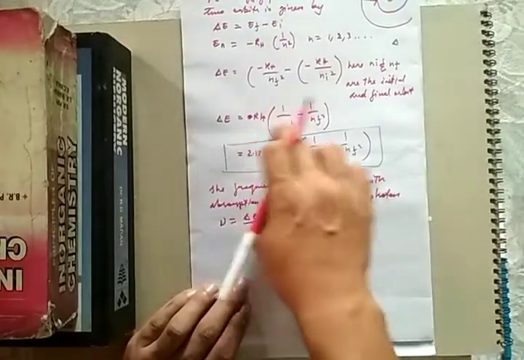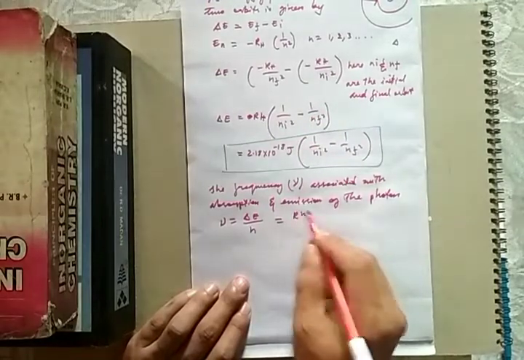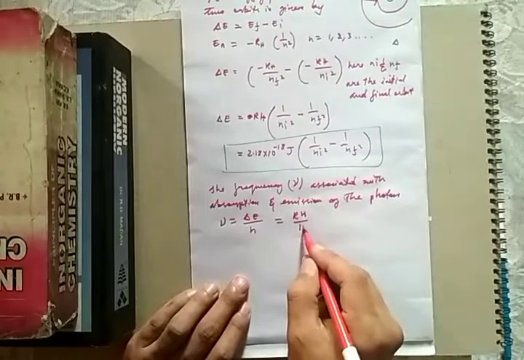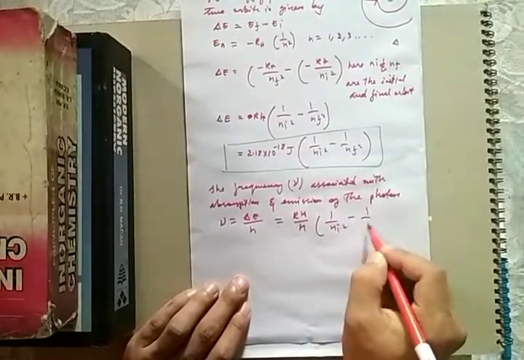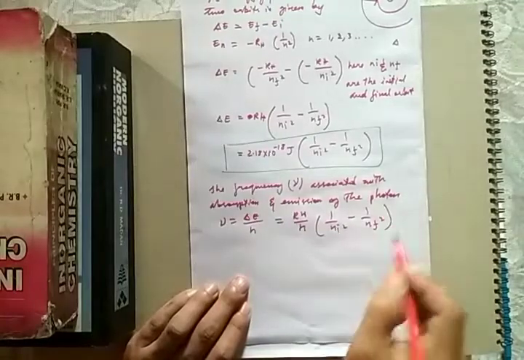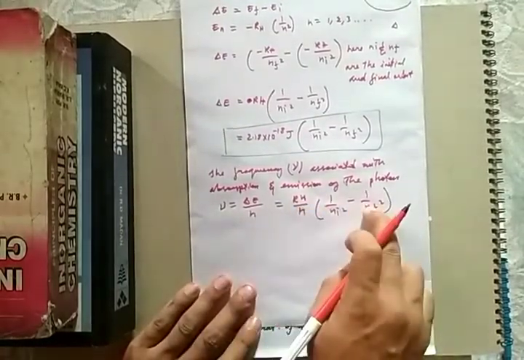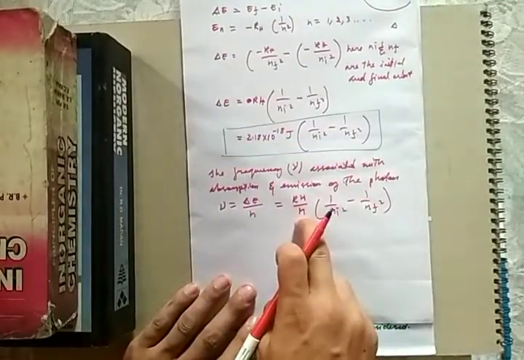So delta E is RH times 1 by ni square minus 1 by nf square, and h is the Planck constant.